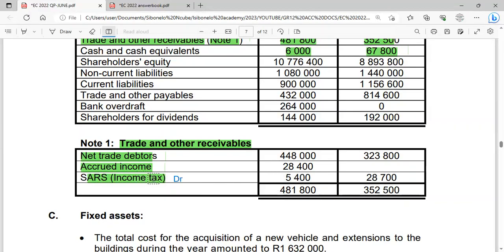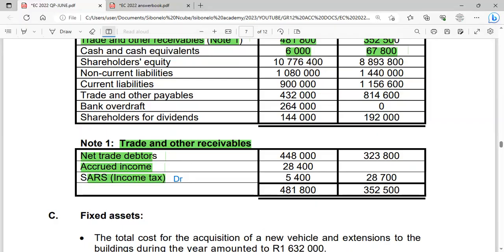Now, because we're going to do the tax paid note separately, we must take the effects of these balances into account when we want to indicate whether we have an inflow or outflow of account receivables. So we're going to exclude these two because we will deal with them separately when we prepare the tax paid note.